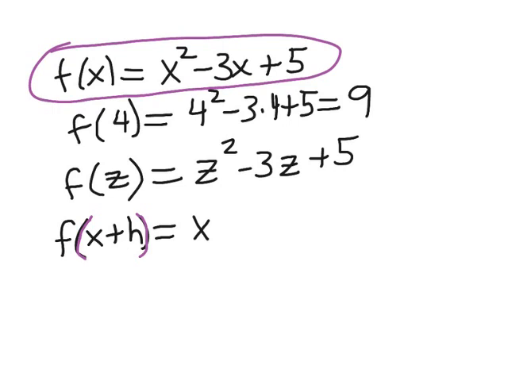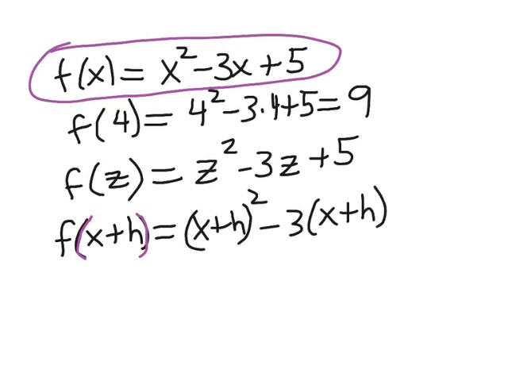So I write x plus h, and then I have to square it. Minus 3 times x plus h, plus 5. Okay, so you need to get used to that. When you're dealing with functions, this parenthesis symbol doesn't mean multiply, it simply means plug in.